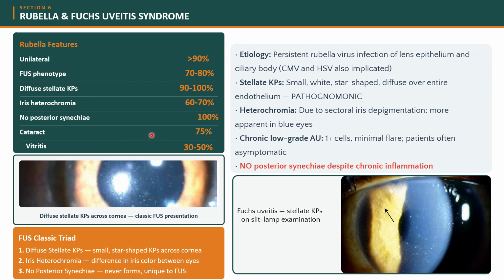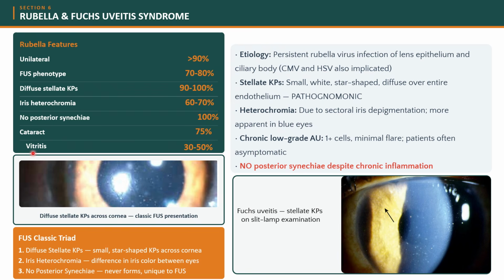This is very important. Most of the cases present with cataract in 75% of the cases, and a large proportion of patients, between 30 to 50%, have associated vitritis, meaning they have some cells in the anterior vitreous face. And this is very important because this shouldn't be named intermediate uveitis, because there is no involvement of the vitreous base, no snowballs or snowbanking, just a few cells present in the anterior vitreous, which can be associated with iridocyclitis due to rubella.